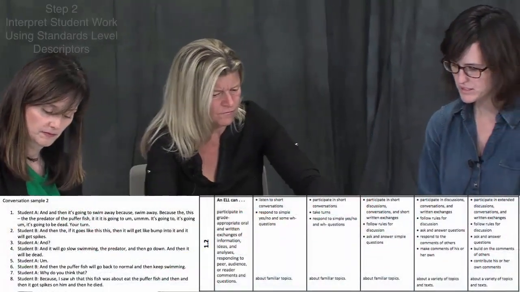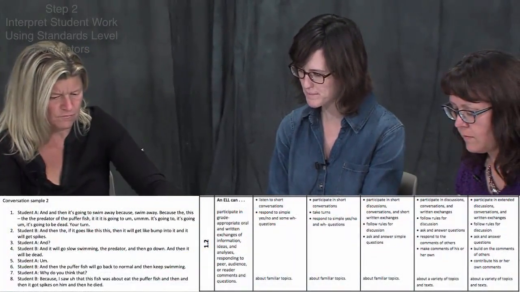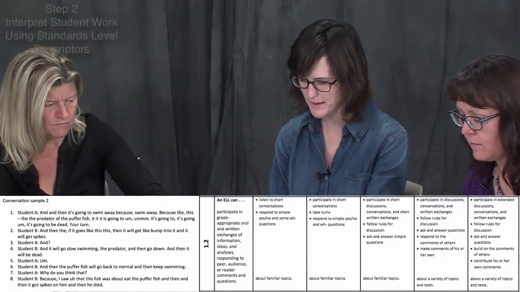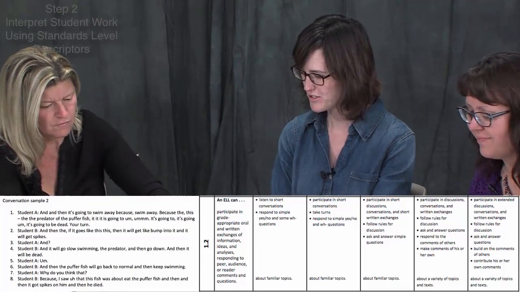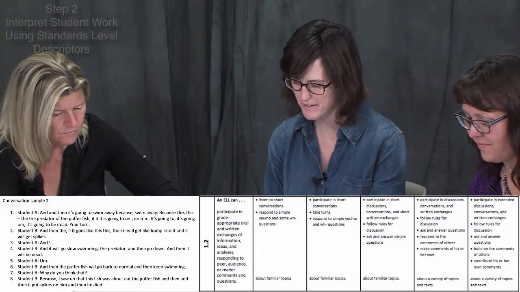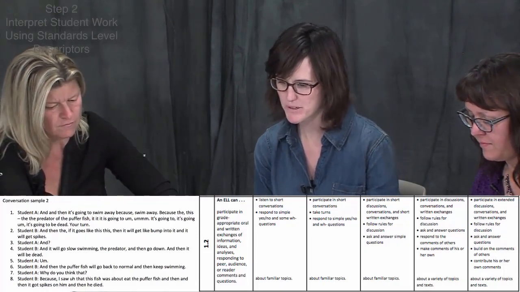What performance levels then do we see, as we look at the level descriptors from level 1 to level 5, would most accurately describe our student work? I see the students responding in the student work and prompting one another. For example, in number 1, student A is saying, okay, your turn, and student B responds and student A is prompting back with "and," asking for more information.